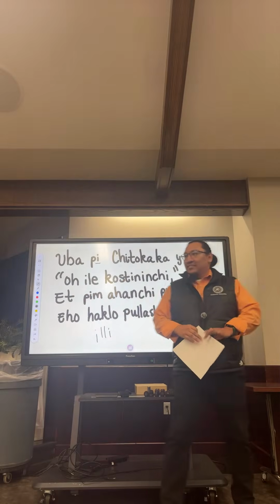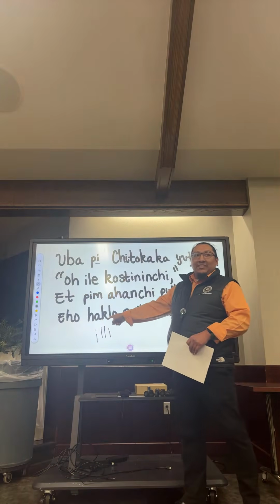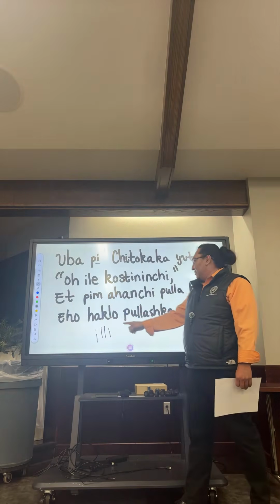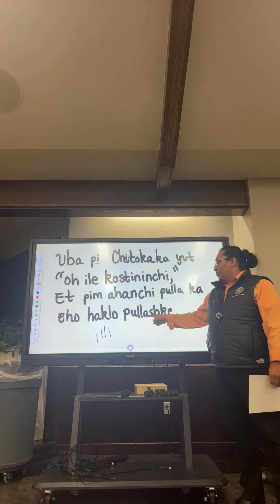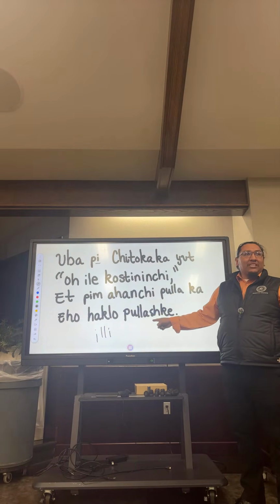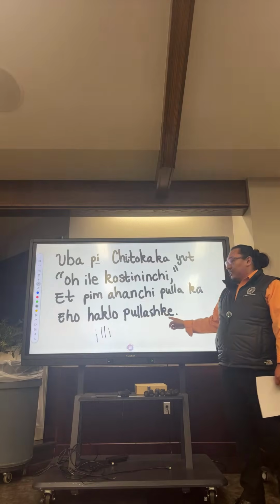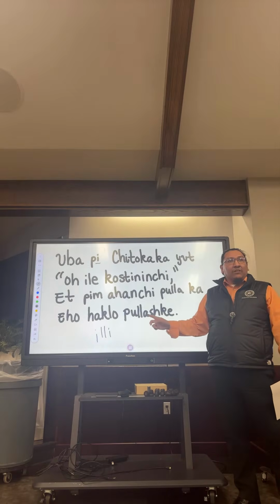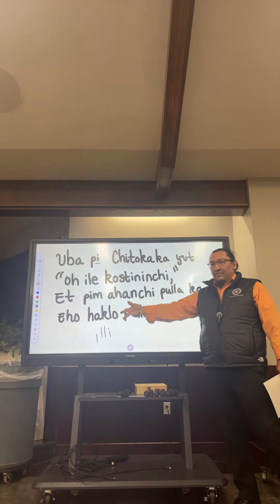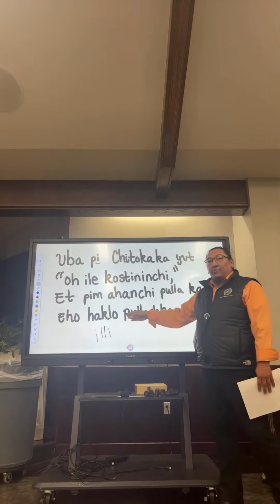Okay. So now we know that, and this obviously you guys know, haklo, to listen. And then we got that pulla again. What does that mean? Must or shall. And then it's got the ashki, which kind of puts more emphasis on it. And so iho haklo pulla ski.